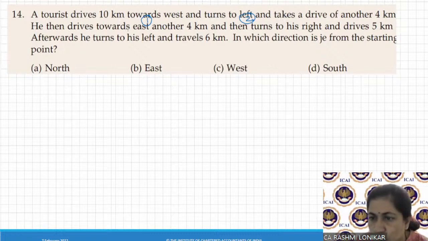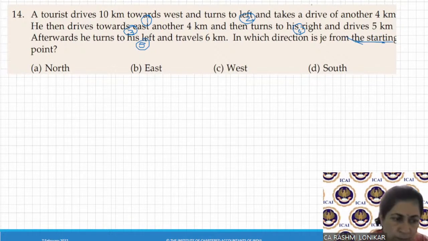Then he drives towards the east. So this is the third point and another 4 kilometers. And then he turns to the right. Okay, so this is his fourth and drives 5 kilometers. Afterwards, he turns to his left, and travels 6 kilometers. In which direction is he from the starting point? So, this is important. From the starting point.